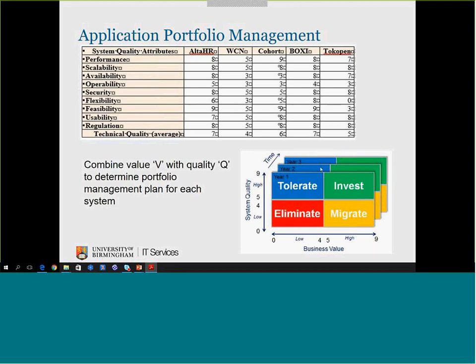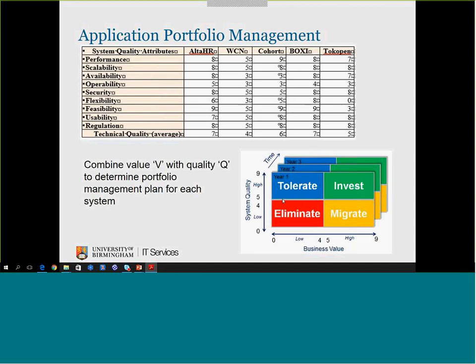So obviously the magic quadrant is invest, which means high value and high technical quality, system quality. If it's low in each case, then we need to get rid of it as soon as possible. If it's high value but low system quality, we probably need to migrate to something else, upgrade it, or get a new system.